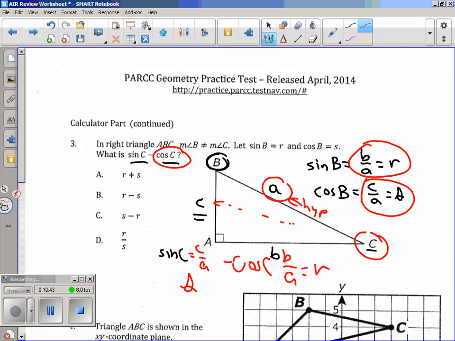So the cosine of C is R. So the expression would be S minus R, letter C.